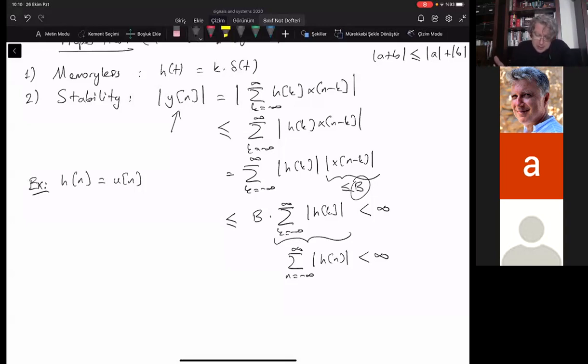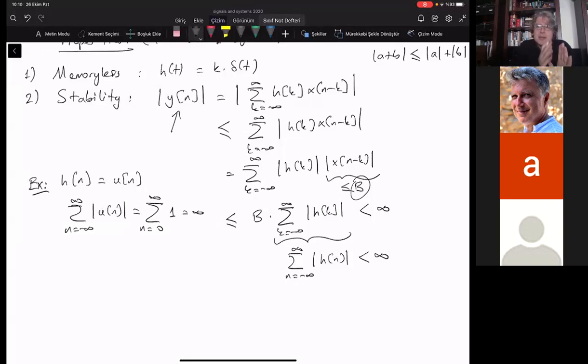So the system is not stable, unbounded. But can we also see it from here? Yes, because the summation from minus infinity to infinity of the absolute value of u of n is equal to the summation from 0 to infinity of 1, which is infinity. It is not less than infinity.